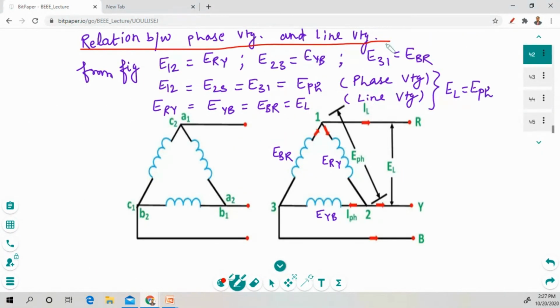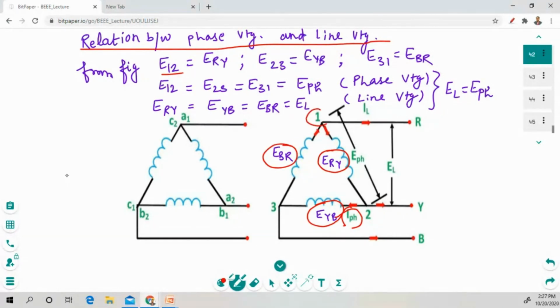As we have seen from the previous example, these are the voltages across the phases, and these are the currents across the phases, so these currents are called the phase currents. The notation E12 is equal to ERY.